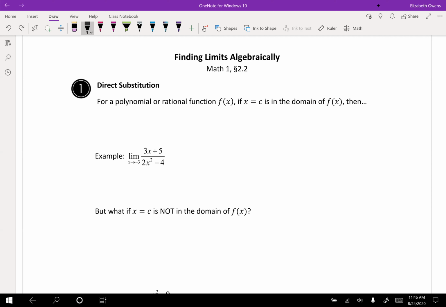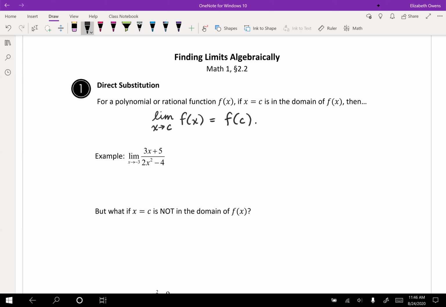And so it turns out that then our limit as x approaches c of f of x is just going to equal f of c. Whatever that function value is, that's going to be the value of your limit in this case.